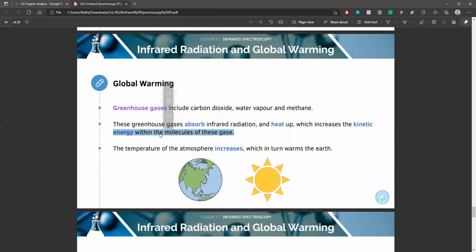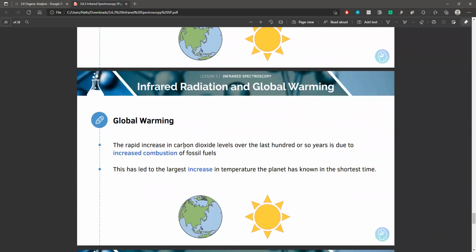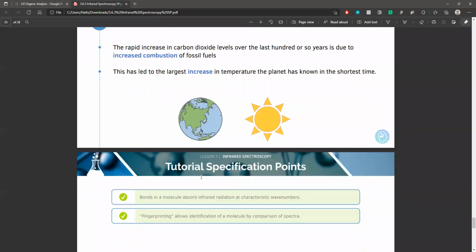These greenhouse gases absorb IR radiation and heat up, which increases the kinetic energy. The rapid increase in carbon dioxide levels over the last 100 years is due to the increased combustion of fuel. This has then led to the largest increase in temperature the planet has ever known in the shortest period of time.